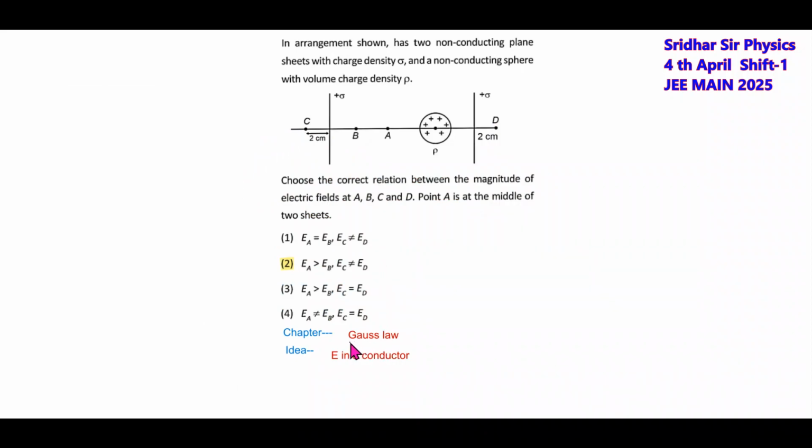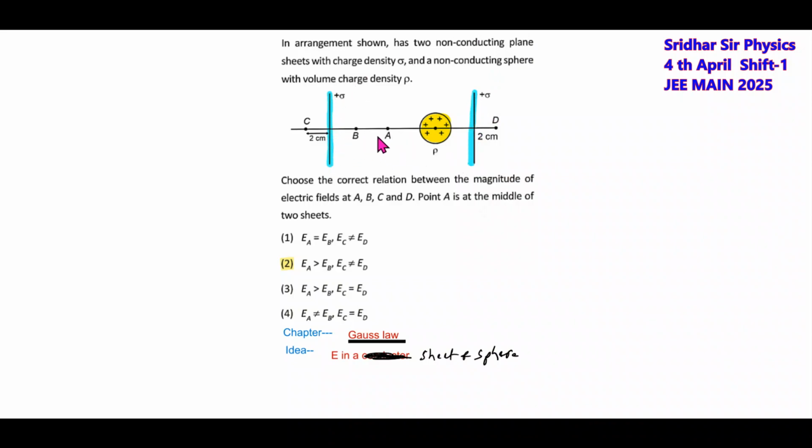Okay, this question is based on Gauss law and the electric field due to sheets and a sphere. Electric field due to the charged sheet and charged sphere. Here you can see the sphere. We have a charged sphere of volume charge density rho, and these are the sheets.